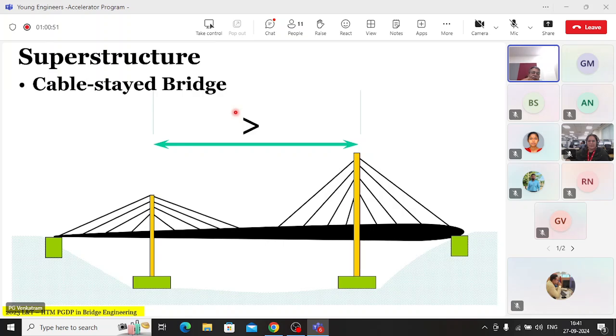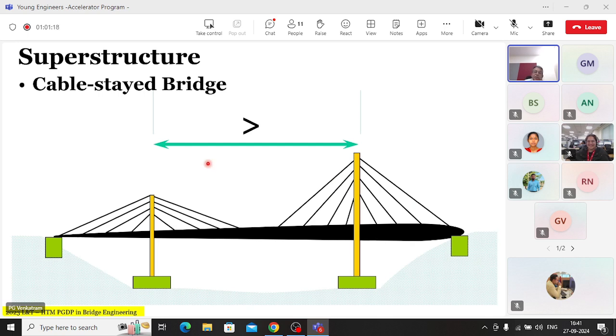But in India, do you know what's the longest pylon to pylon distance that has been built yet? Sudarshan Setu, sir. Sudarshan Setu, where is it located? Google search. Good.